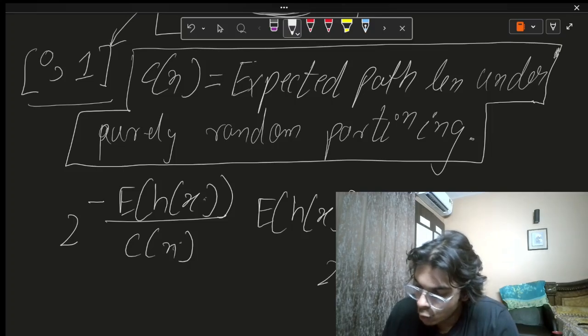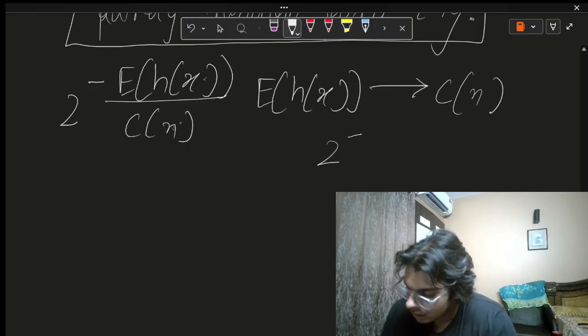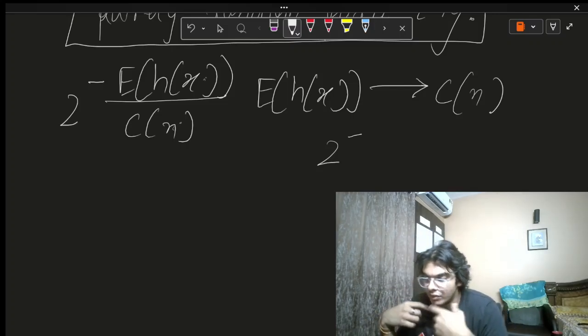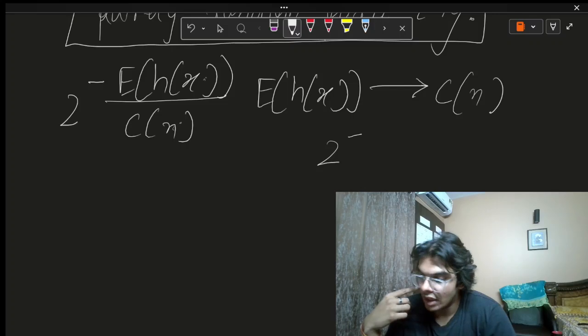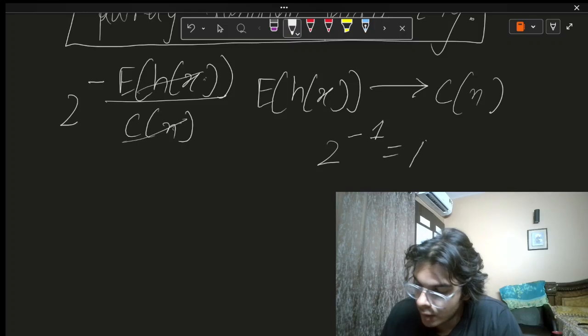So it will be like 2 to the power minus of nothing but 1, 2 to the power minus of 0, right? Because E(h(x)) and c(n) are basically equal. If they are equal, they will get cancelled. So it will be like 2 to the power minus 1, which will give us 1 upon 2, which is 0.5.